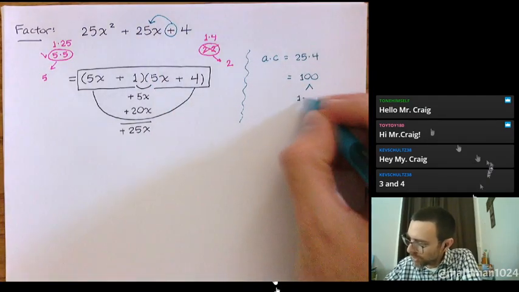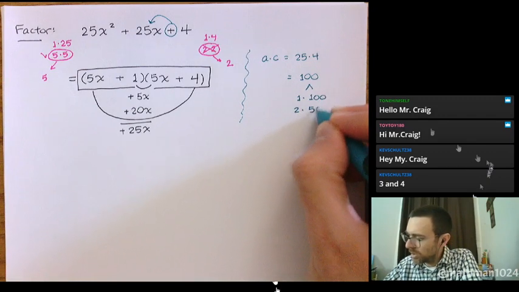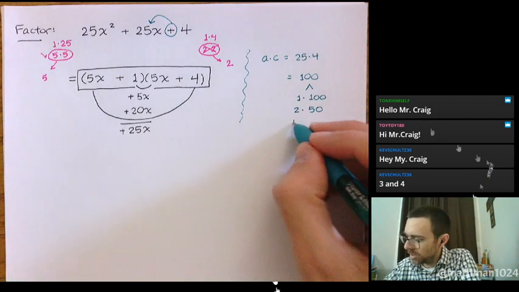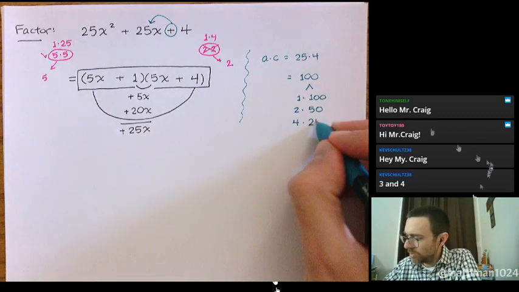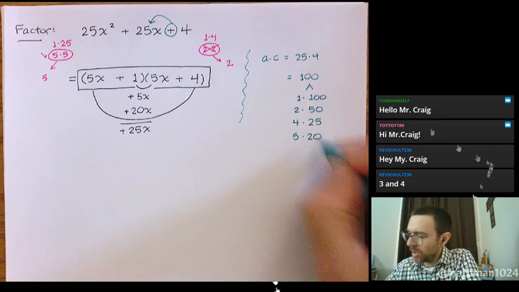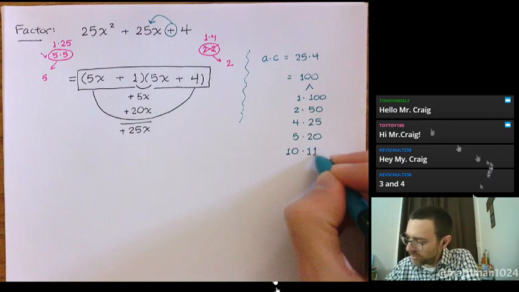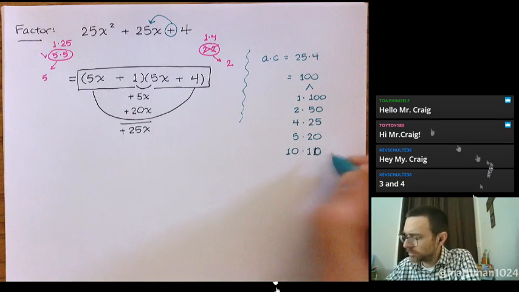So as you go through here, 1 and 100, 2 and 50, 4 and 25, 5 and 20, and then finally 10 and 10.